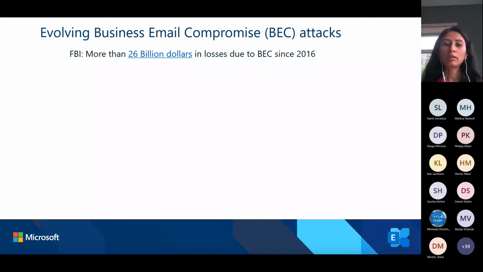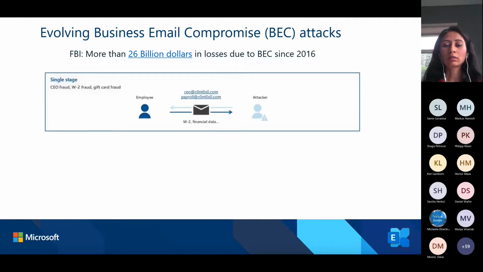According to the FBI, in 2019, BEC was the costliest type of cybercrime. And since 2016, BEC has accounted for more than $26 billion in losses. And over the years, we've observed many advanced flavors of BEC attacks. A classic attack, or single-stage attack, is where attackers impersonate or spoof executives or business partners or IT or HR staff and more.